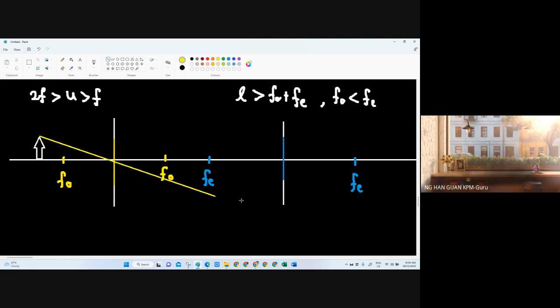Then we go straight until the second lens, the eyepiece lens position, so I extend the eyepiece lens position here. Okay, this is the first ray. Second ray, from the object we go parallel with the principal axis, and afterward we go to the focus point.